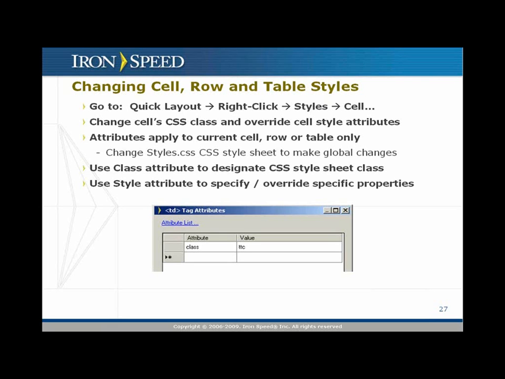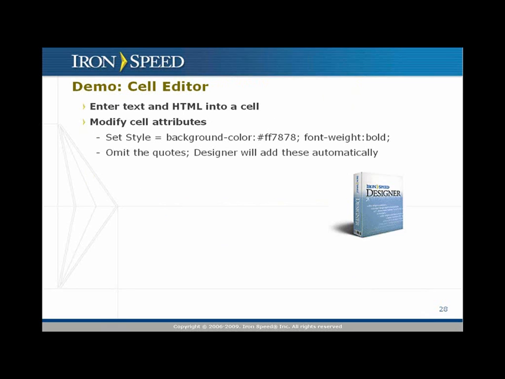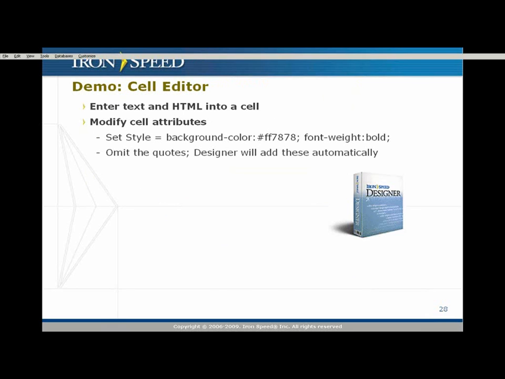And this is very useful in some contexts where you need a little broader control than you can get just through the cell editor. Now, if you need application-wide control and you need to modify, say, the class or style behavior for all types of similar cells, you do that through the cascading style sheet, which we'll talk about in just a little bit. Now let's go use the cell editor to modify our application.